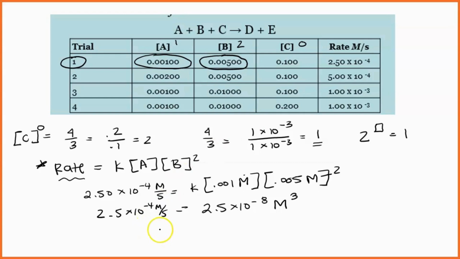My k comes out to be 1 times 10 to the 4th, but let's figure out the units. I had molarity per second divided by molarity cubed. If I were to multiply the top, that's just molarity, and on the bottom I have seconds times molarity cubed. What would my final units become?